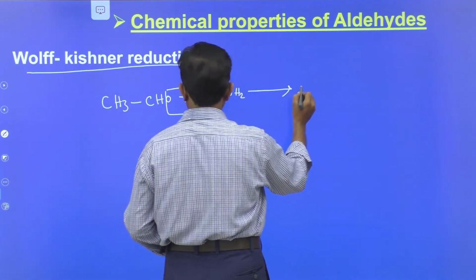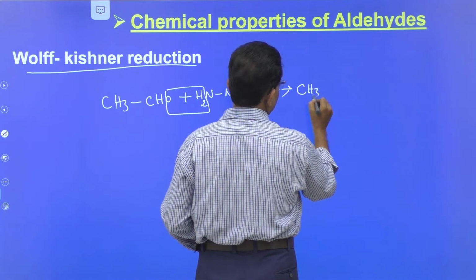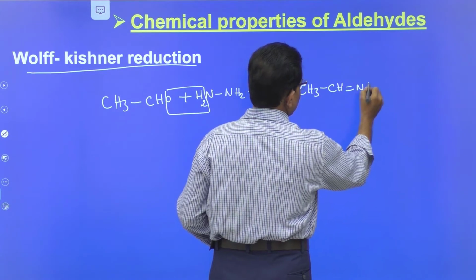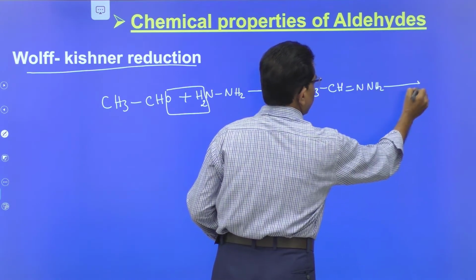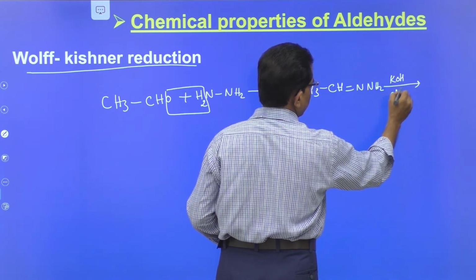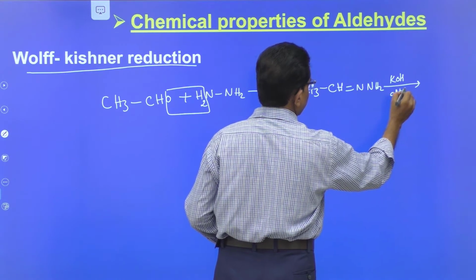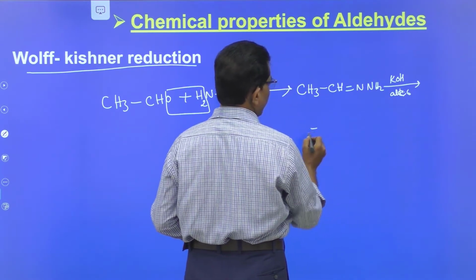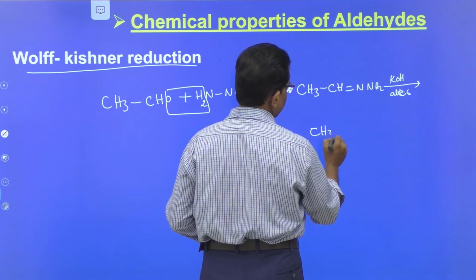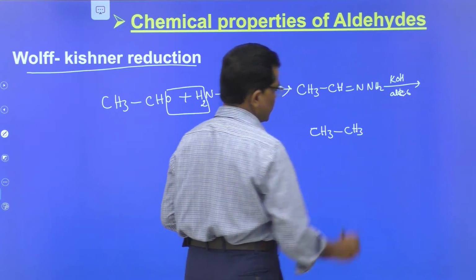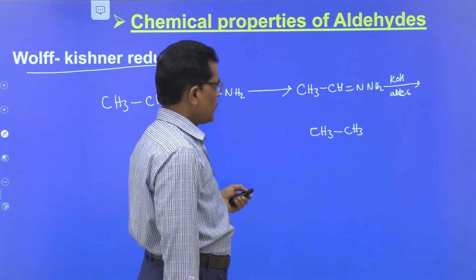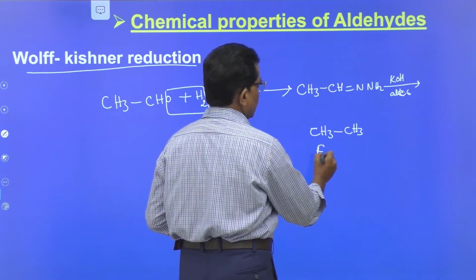Then you will get the addition compound CH3CH double bond N-NH2. This will be heated with alcoholic KOH, and a reduction takes place. CH3CH3 will be formed.